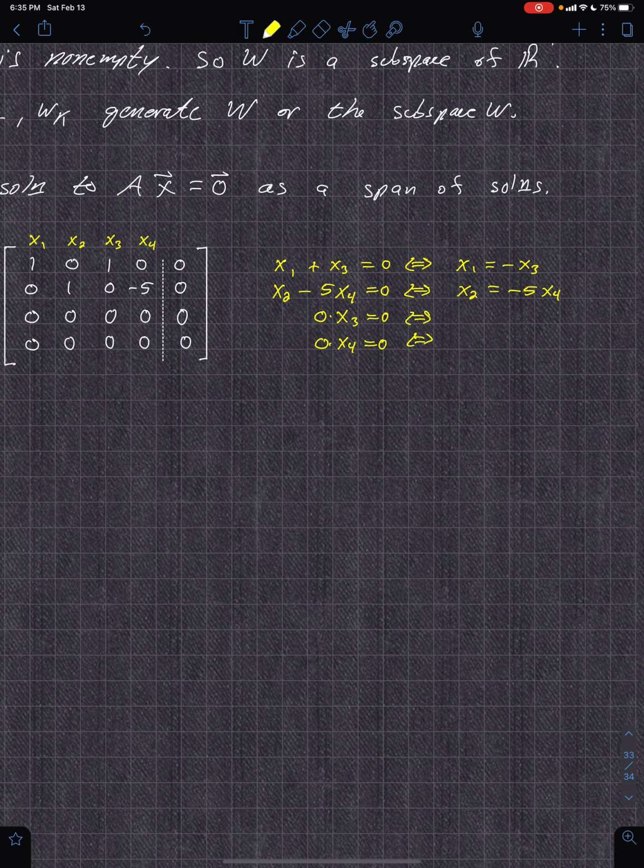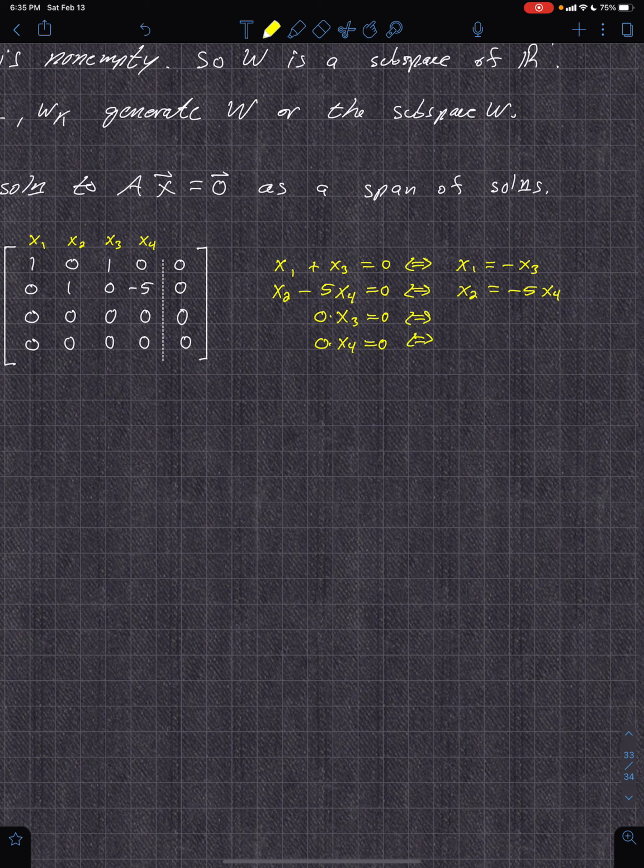So what we end up having then is this. Let's go back to our standard color there. Okay, so what we have is x, our solution, is x1, x2, x3, x4. That's why we start to use subscripts, because you run out of letters.